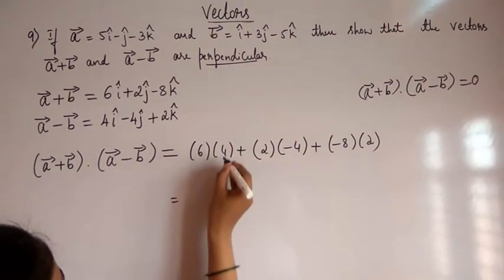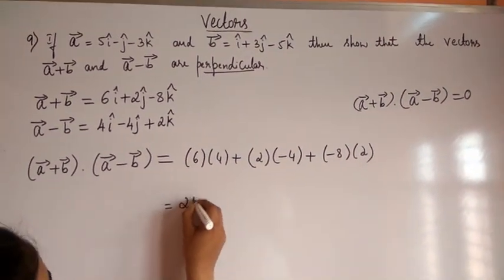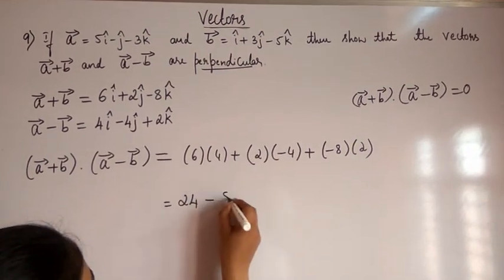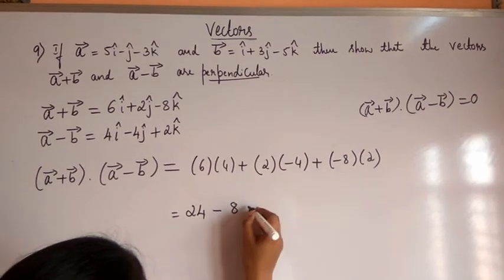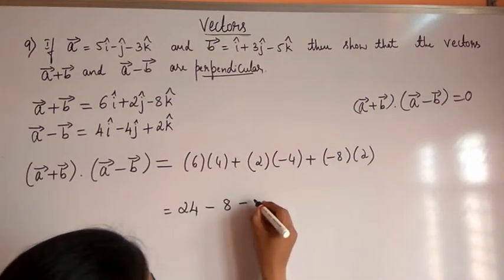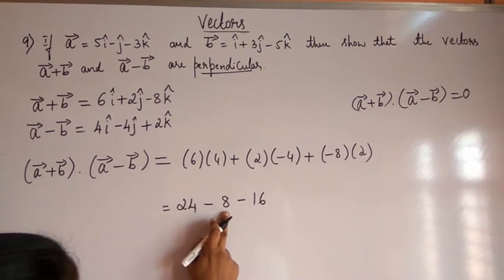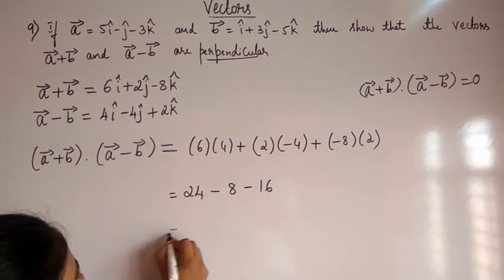So 6 4s are 24, plus into minus minus, 2 4s are 8, plus into minus minus, 8 2s are 16. So 24 minus 8 is 16. 16 minus 16 is 0.